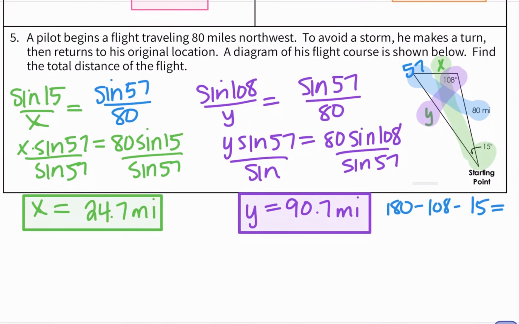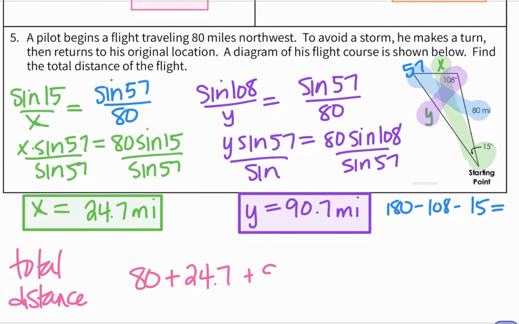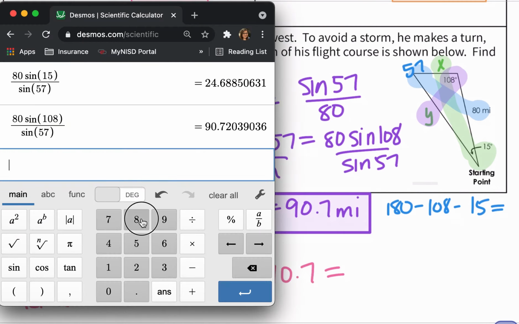So total distance would be 80 plus 24.7 plus 90.7.